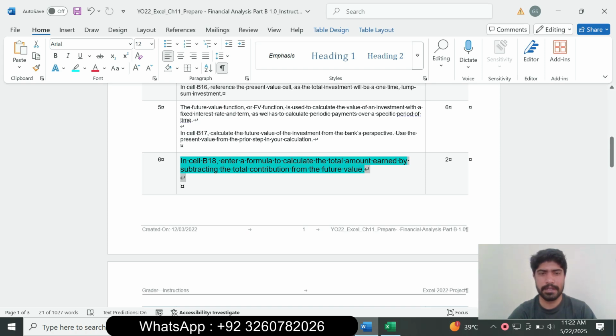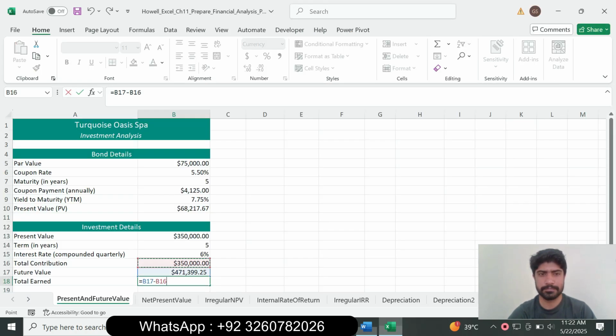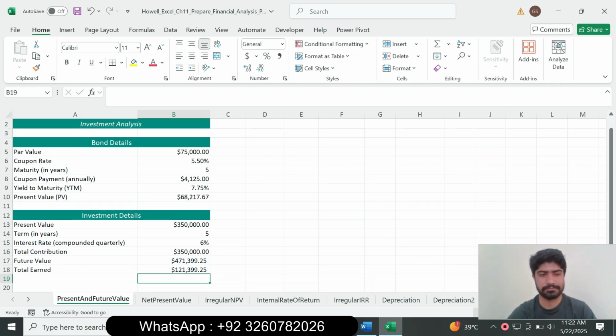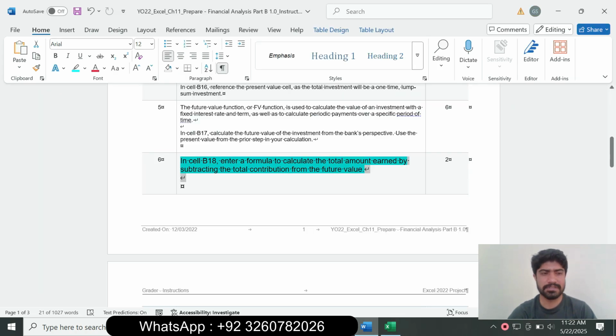Total amount earned by subtracting the contribution from the future value, B70 minus B16, and press Enter. So question number 6 is complete.